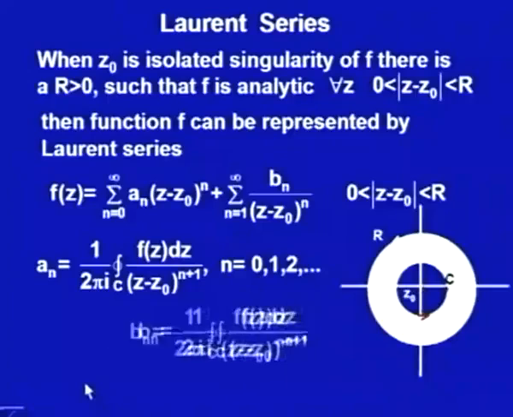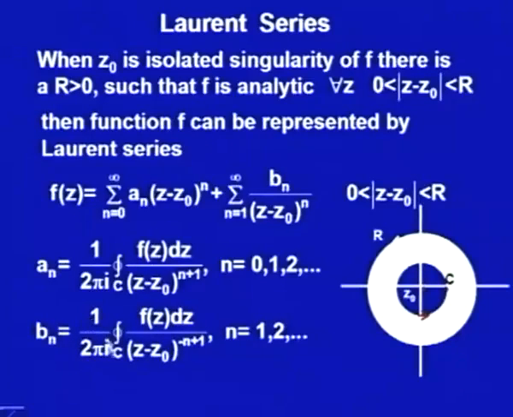And b n is given as 1 upon 2 pi i, the integral along this closed contour C of f(z) upon (Z minus Z naught) to the power minus n plus 1. You see, for a n we have in the denominator (Z minus Z naught) to the power n plus 1, and in b n we have (Z minus Z naught) to the power minus n plus 1, for n is equal to 1, 2 and so on.